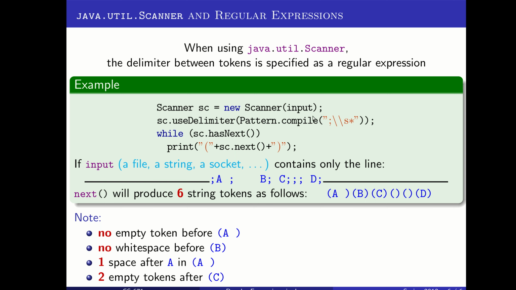So for example, here we've done one that is a semicolon followed by any amount of white space. So \s gives us spaces, and we have to double escape the slashes there. And then the star says 0 or more of the spaces.